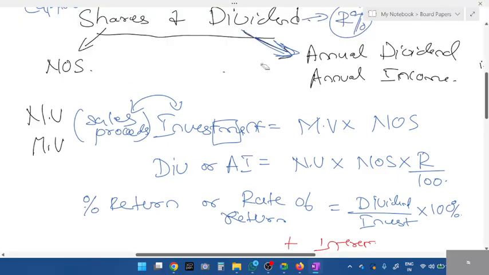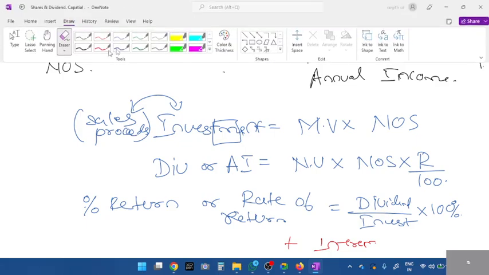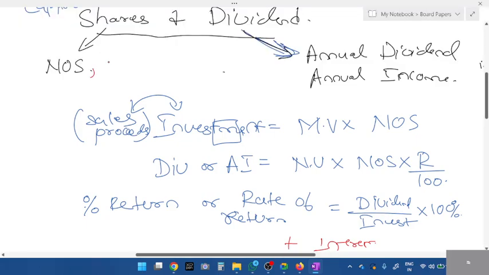I'll erase; all this is not required. Investment, sale proceeds is required. Number of shares, market value, nominal value. Then write these three formulas. Be quick. Dividend is also known as annual income.